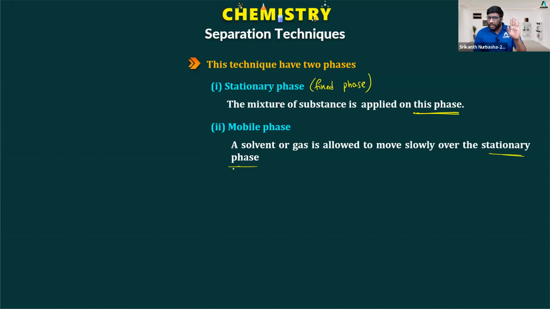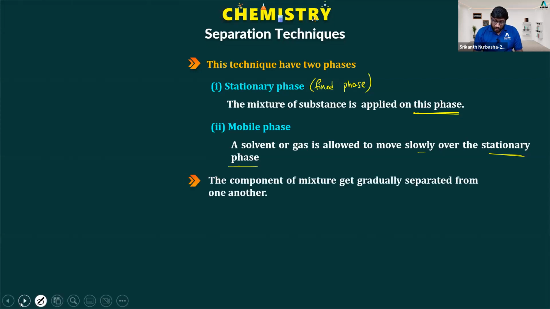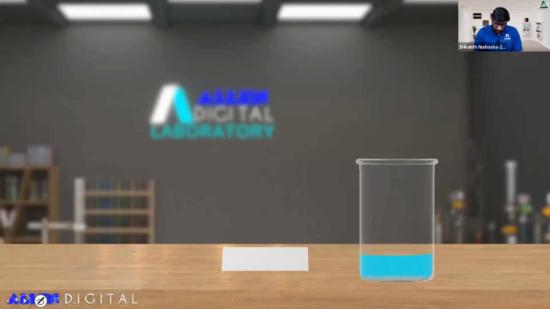There is one stationary phase fixed, through that one mobile phase is moving, and through the mobile phase the mixture of components move down. The components of the mixture get gradually separated from one another because of difference in adsorption.